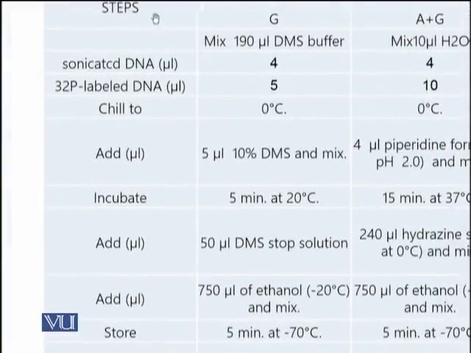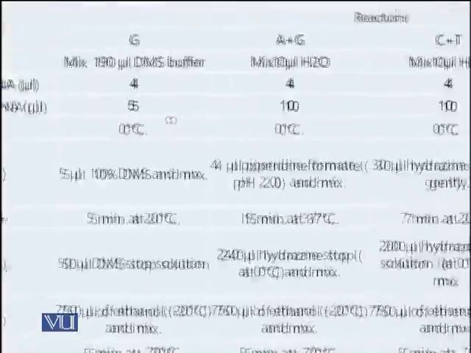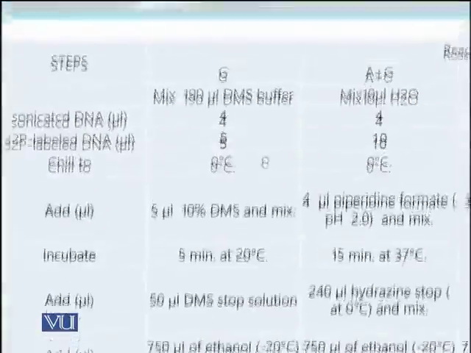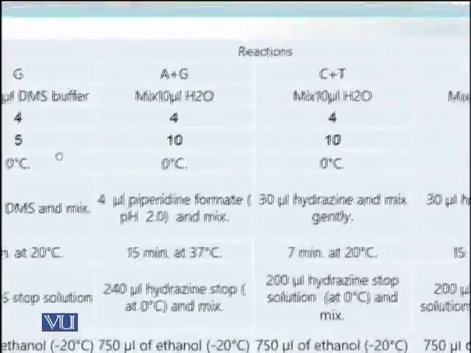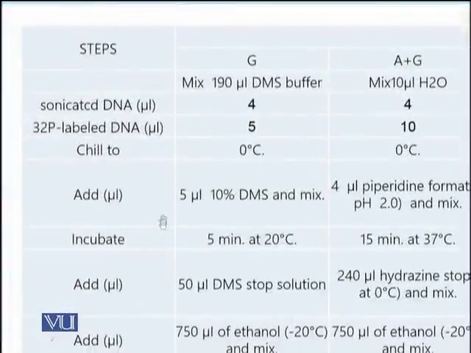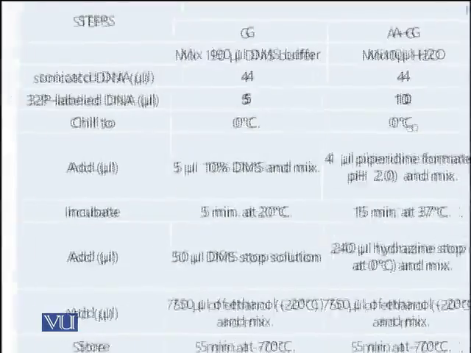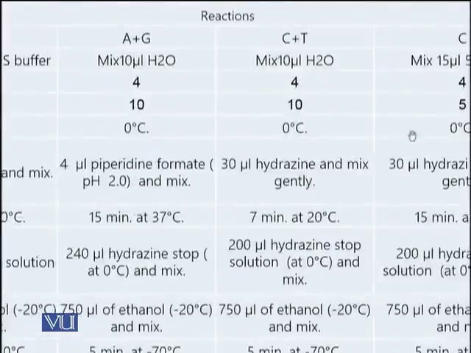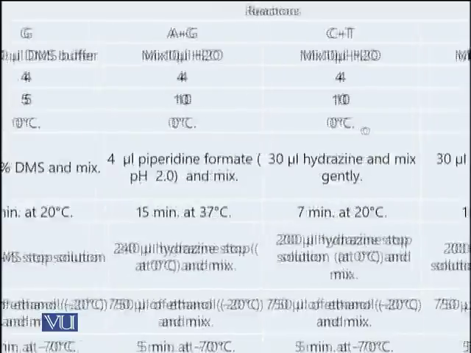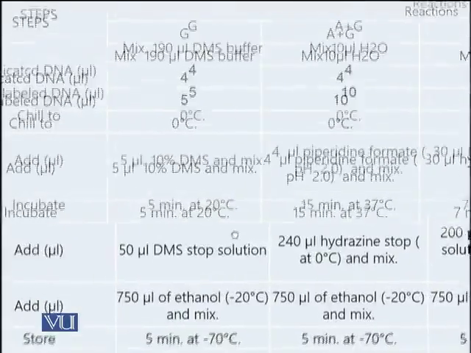Then we have to follow these steps. Sonicated DNA is going to be added in equal volume. Radiolabeled DNA is going to be added as recommended, 5 microliter, 10 microliter, 10 microliter and so on. Then all 4 tubes are going to be chilled at 4 degrees centigrade on the ice, or we can place them at 0 degrees centigrade.